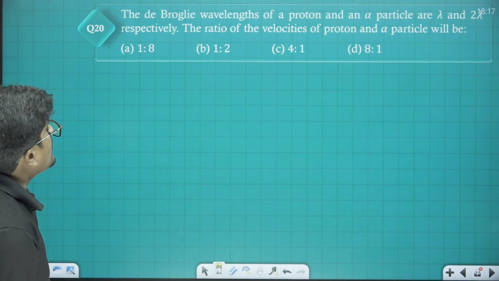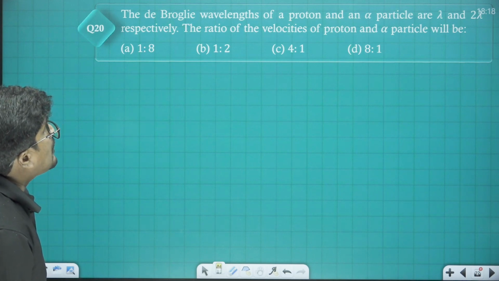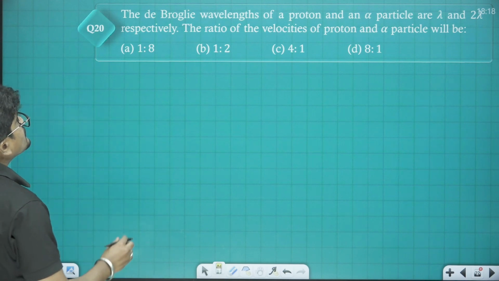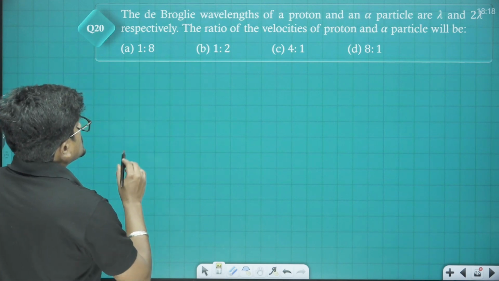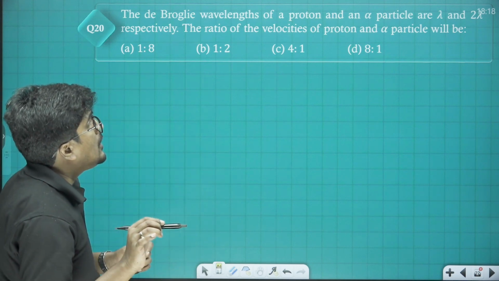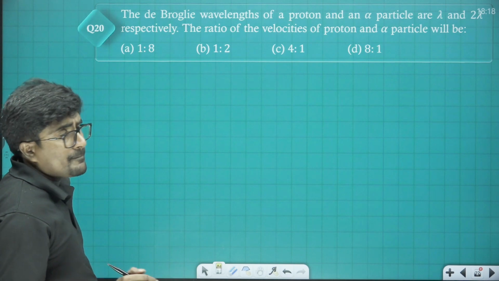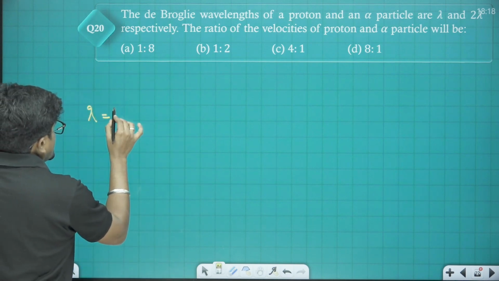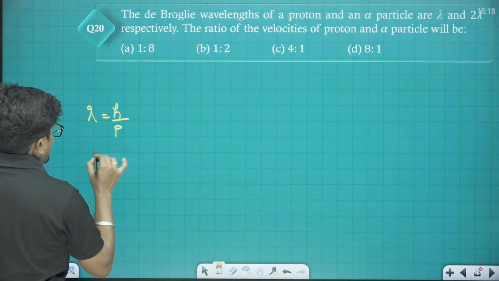The de Broglie wavelengths of a proton and an alpha particle are lambda and 2 lambda respectively. Then the ratio of velocities of the proton and alpha particle will be, isn't it? So we all know that lambda is h upon p.